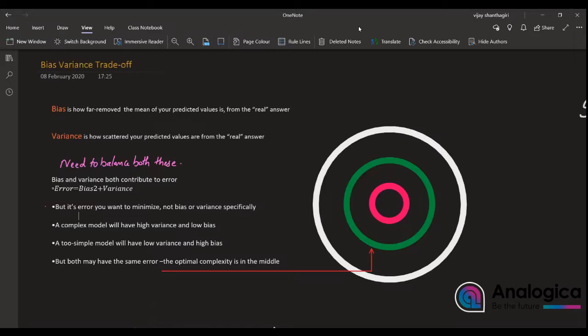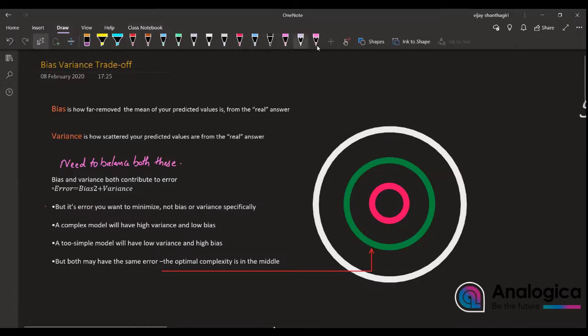So let's look at what we have here. We have the bias-variance trade-off, and let's first understand the definitions, the jargon. Right now, when I read this out, you'll not be able to follow it if you haven't understood it yet, but I assure you, once we finish this video, we'll be able to understand and appreciate the meaning of these definitions.